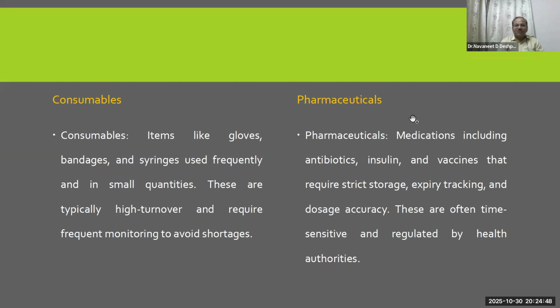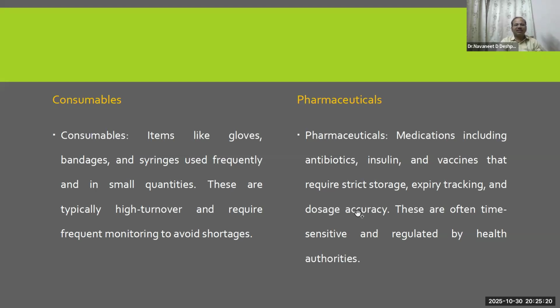Then come your pharmaceuticals. So all kinds of medicines or medications, including antibiotics, insulins, then you have vaccines that require strict storage capabilities. So you should have cool temperatures and refrigerators, everything. You should track expiry dates and dosage, because some people end up giving less or more dosage based upon availability, or generic drugs should not be tried and tested.